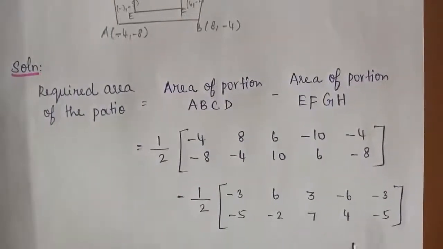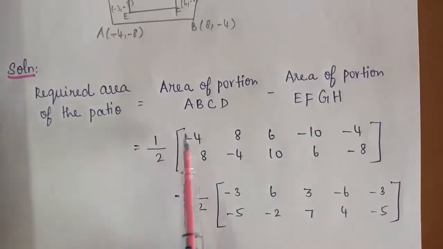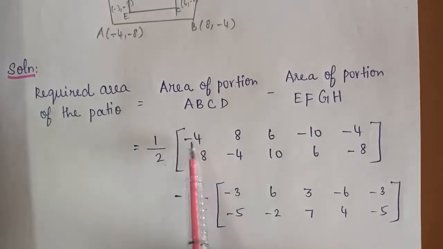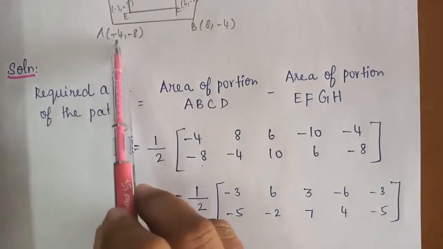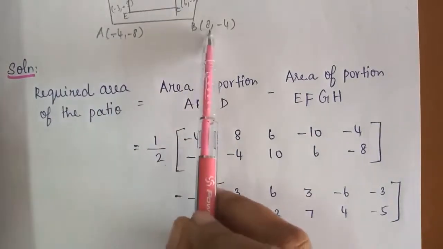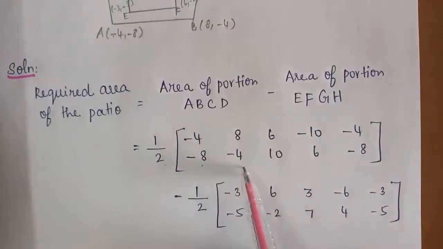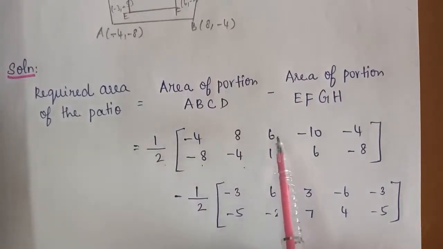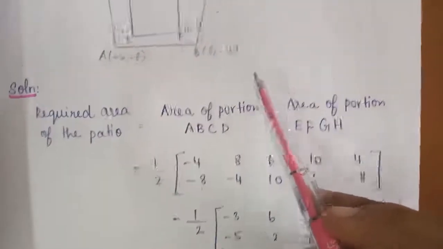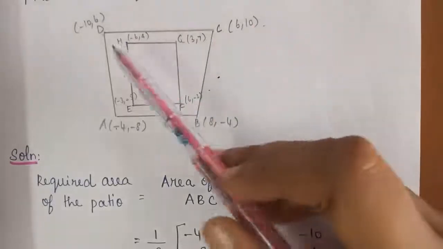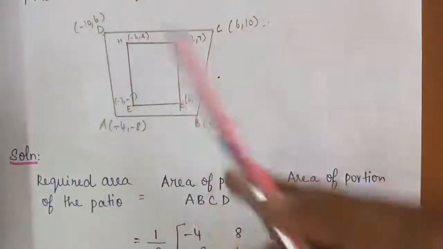Which is equal to 1 by 2 into x1 y1 value, which is minus 4, minus 8, because this is your x1 y1. Then this is x2 y2, 8, minus 4, and C is x3 y3, that is 6, 10, and x4 y4 is minus 10, 6.